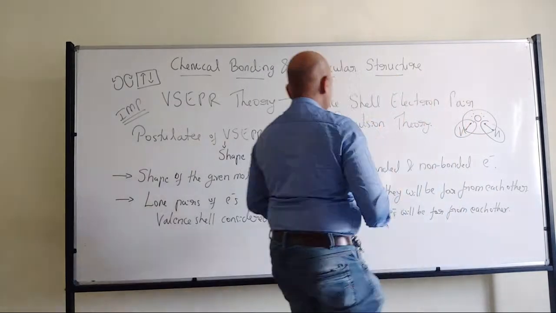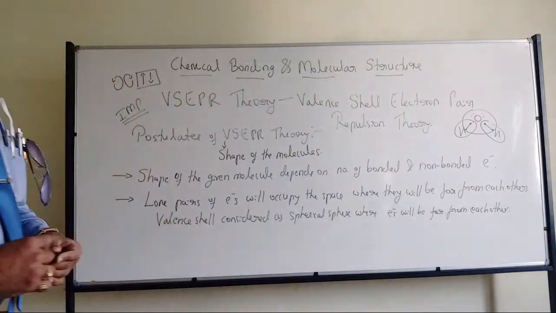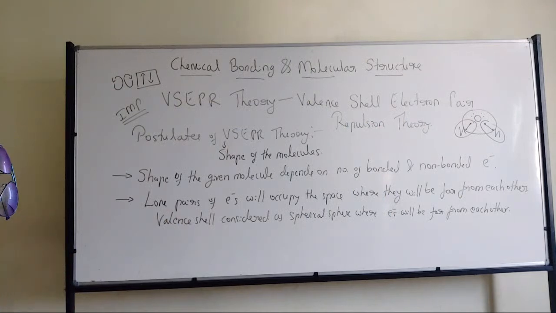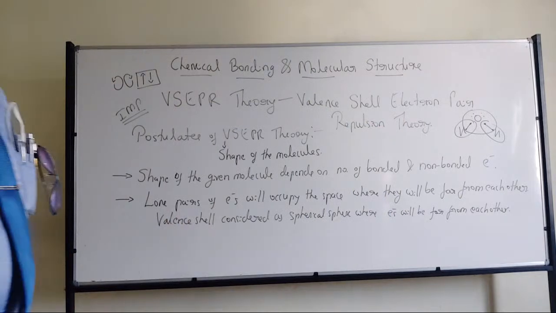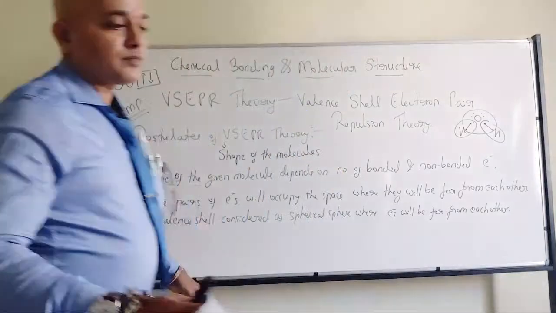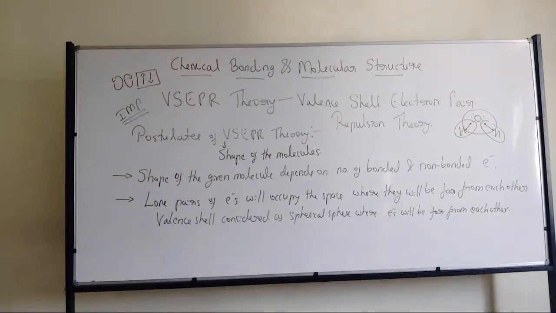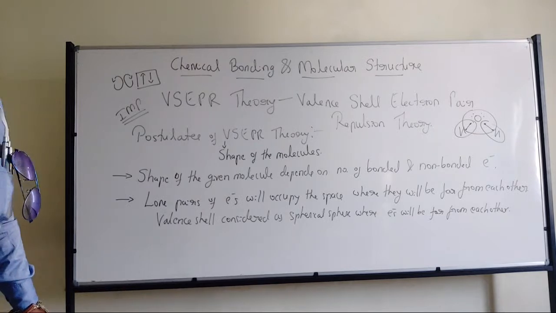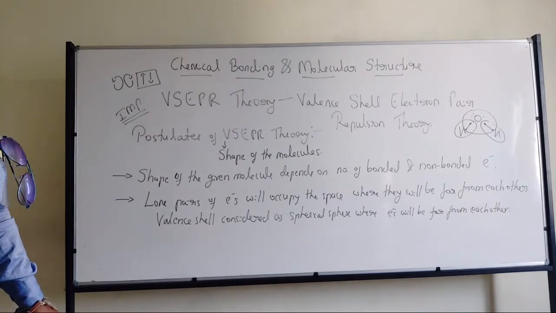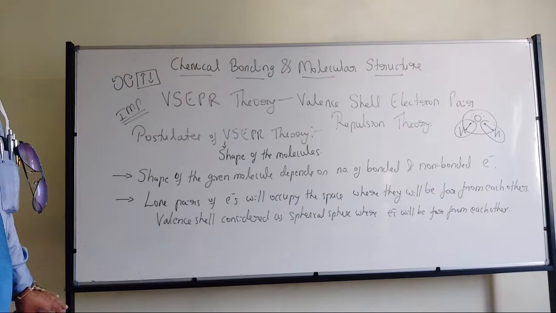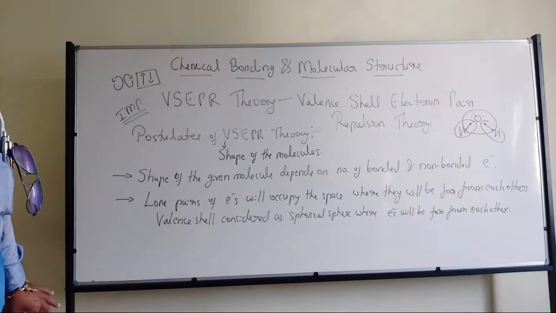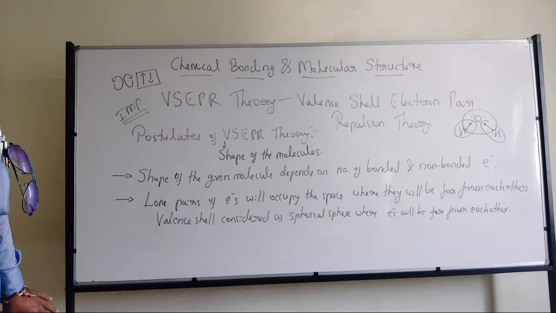Okay? That's what it tells. All of you have understood? That means they should have the maximum space between them, or they should be at maximum distance from each other. So that's what it talks about.